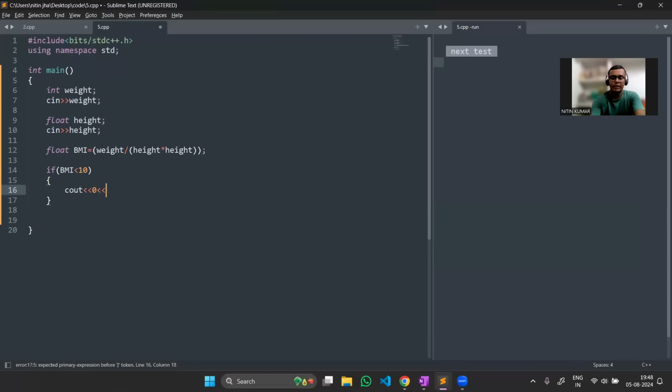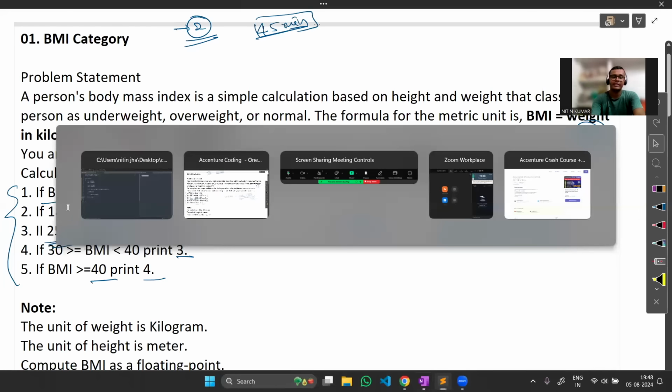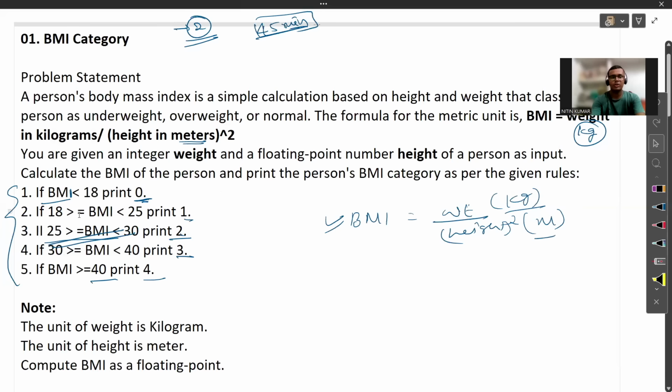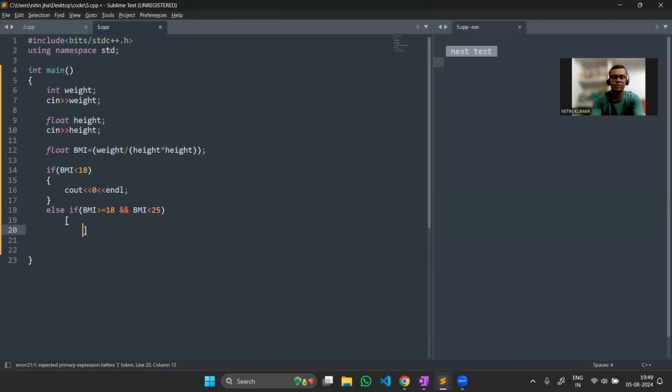Then the other case would be: else, if it is not lesser than 18, the next category would be if your BMI is greater than or equal to 18, but it should also be less than 25. Then in that case, we have to print 1.